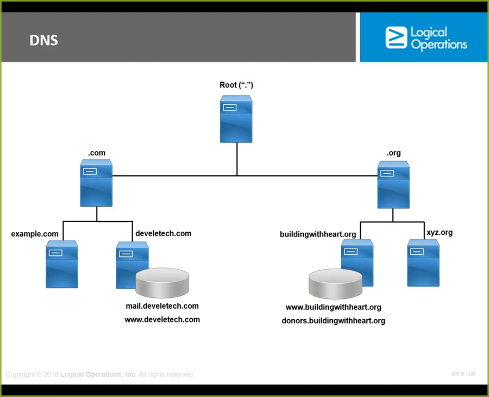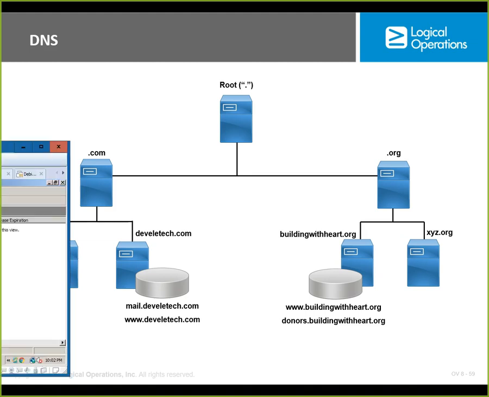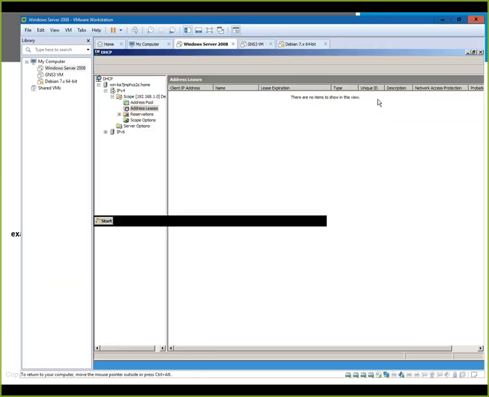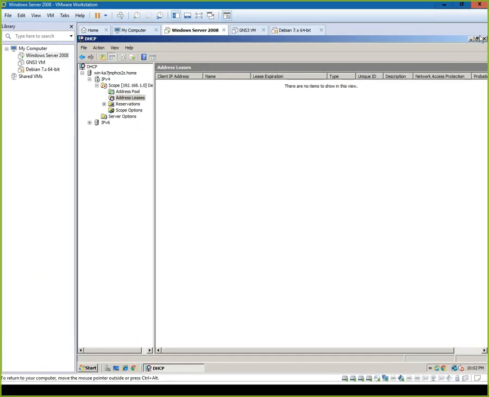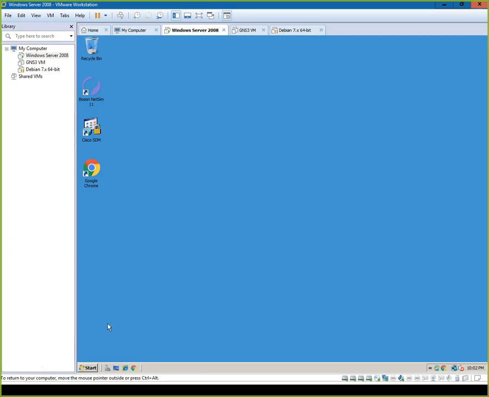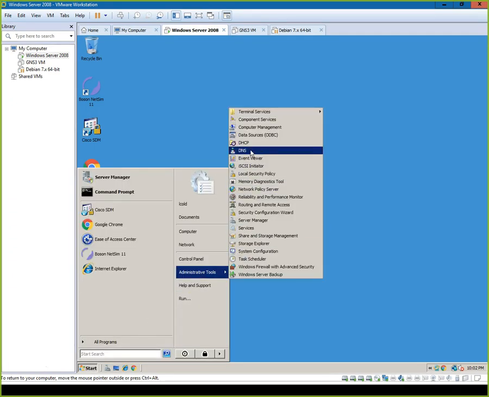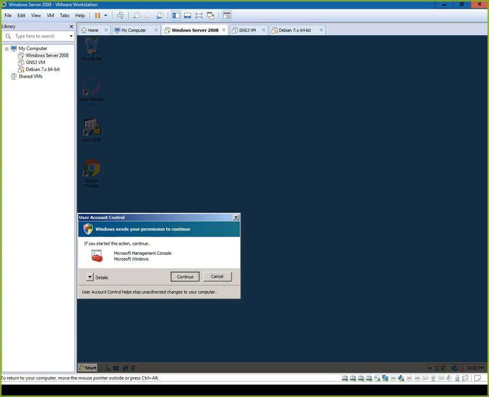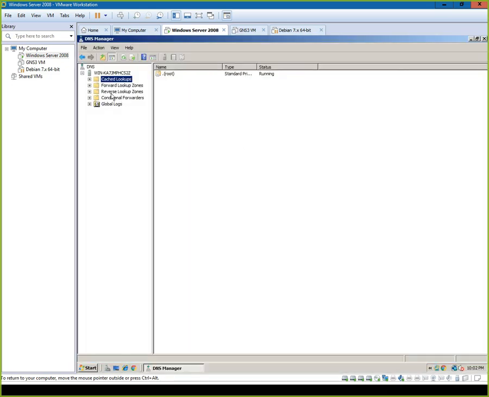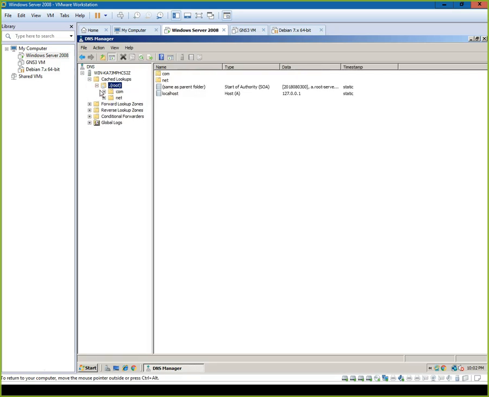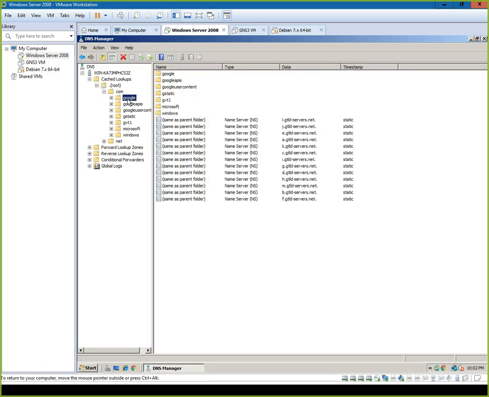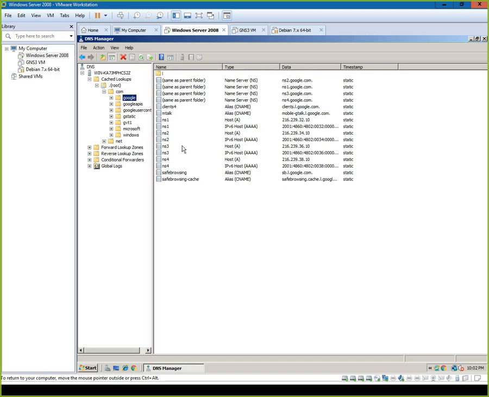DNS, now I've got a DNS server on this guy too, is going to translate our names into IP addresses. This one probably doesn't have a whole lot of current ones in it, but if we look at the .com here, google.com, we have a bunch of name servers.